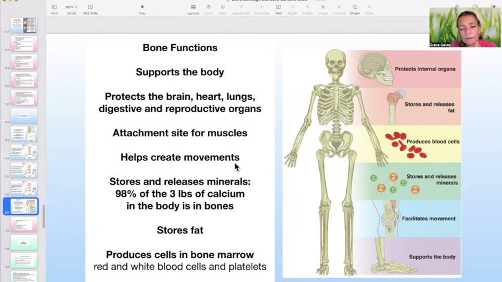Bone helps create movement, therefore. Bone stores and releases minerals. About 98% of the 3 pounds of calcium in the body is in bones. Bone stores fat in the yellow bone marrow. Bone produces cells in bone marrow, and that includes red and white cells, and also it produces platelets.